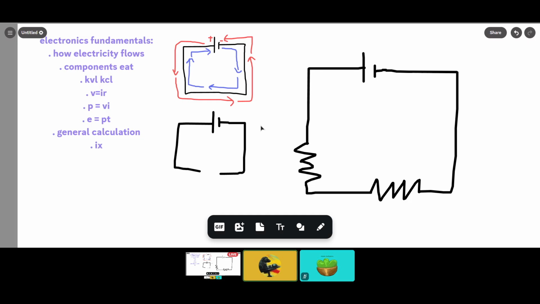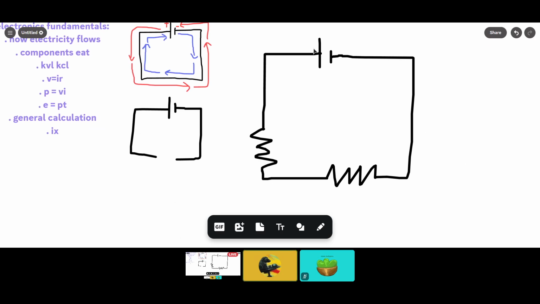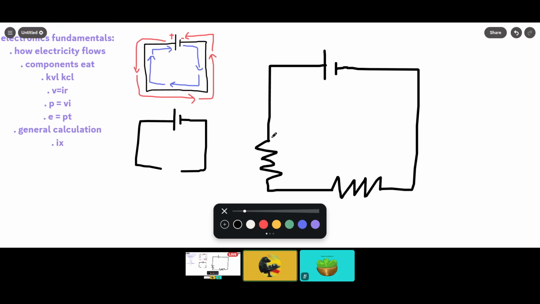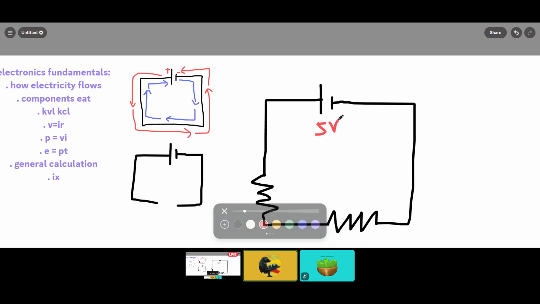Anyway, in here, the voltage makes it so that the current is active, like there is a current. And with these symbols here, these are components, and this is actually a resistor. The resistor will actually take up a part of that voltage to function. Let's say there's 5 volts here.